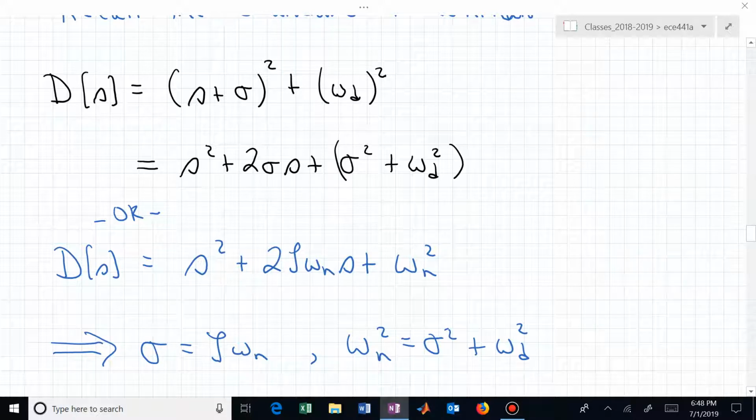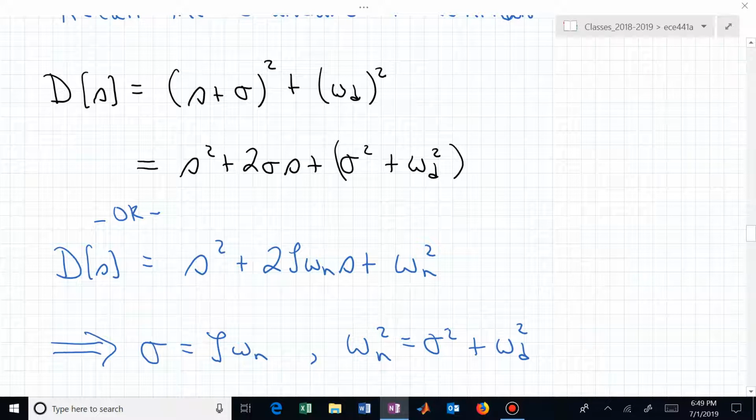That is connected to the angle that those poles make in the complex S-plane, and our natural frequency omega sub n is the distance that pole is away from the origin. You should now be starting to see, oh, sigma and omega sub d, that's the real component and the imaginary component.